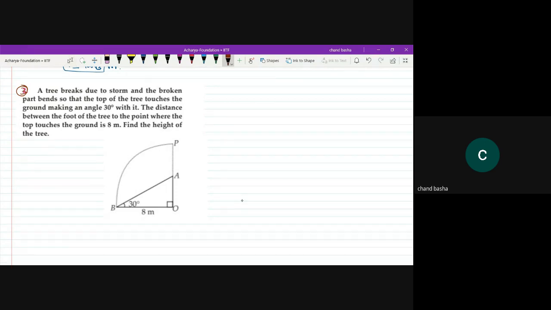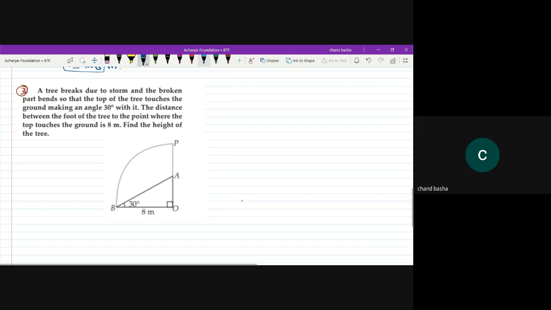This dotted part, AP, what is AP here? The dotted part, AP, will be the tree which bends and reaches the ground, right? And clearly what I can say, AP is equal to AB or not? What is AP?